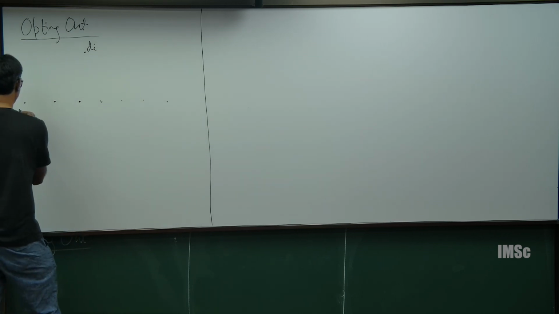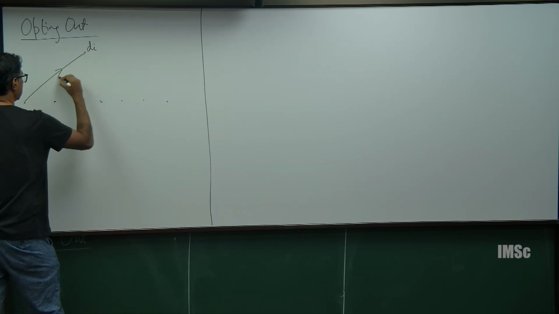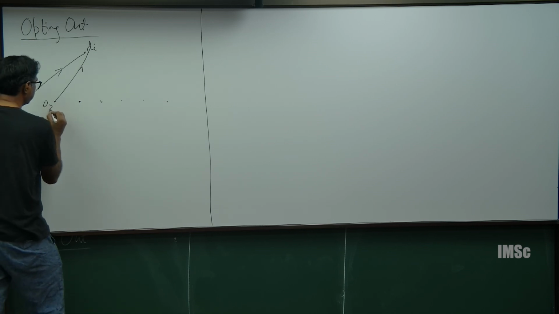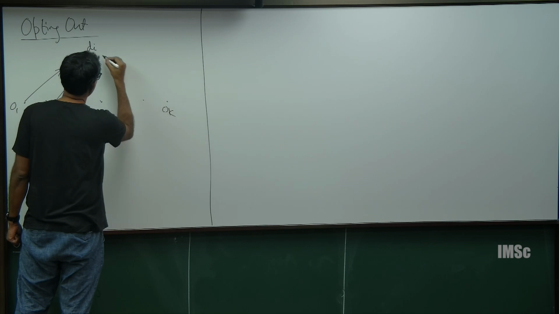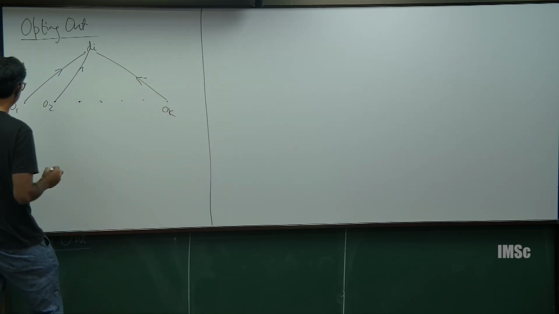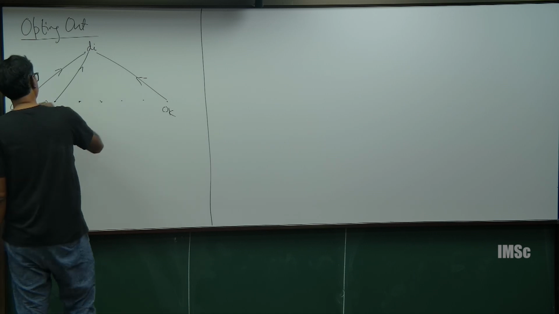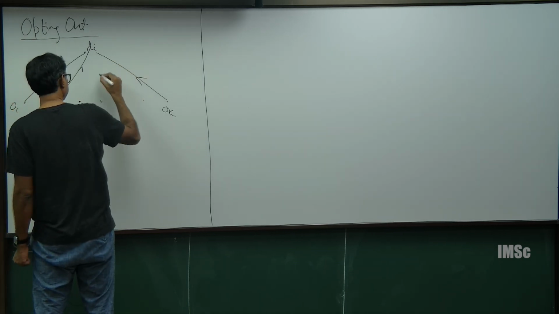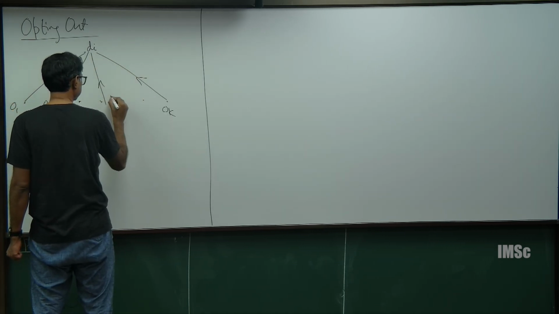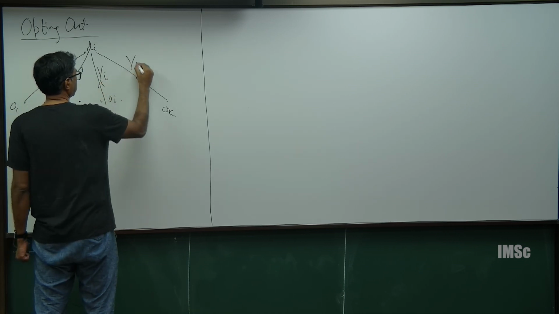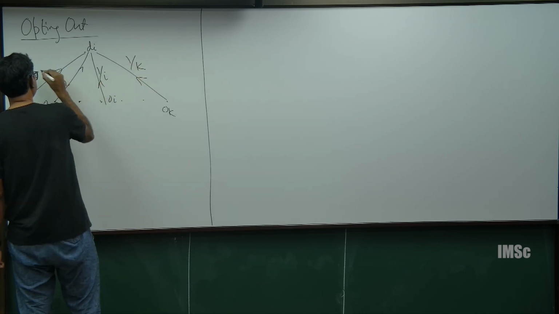Let us say these are O1, origin 1, origin 2, origin k. And what is the cost on each edge? The cost on the edge from Oi is 1 over i. So, this is going to be 1 over k, this is going to be half, this is going to be 1.